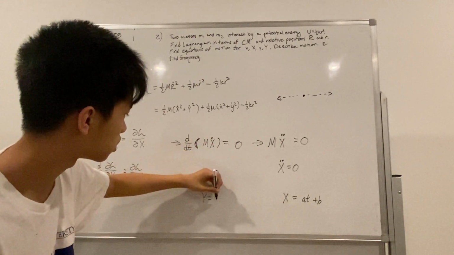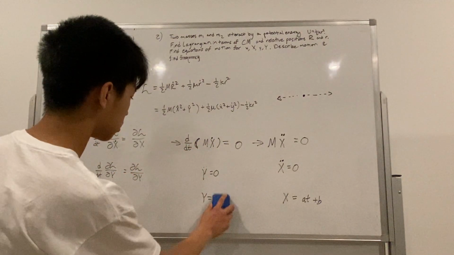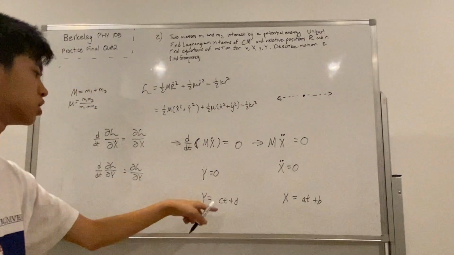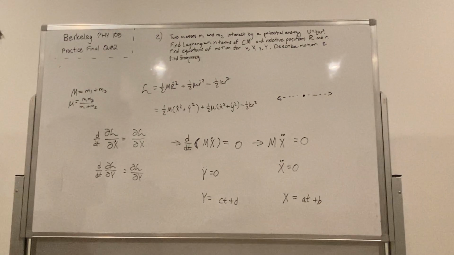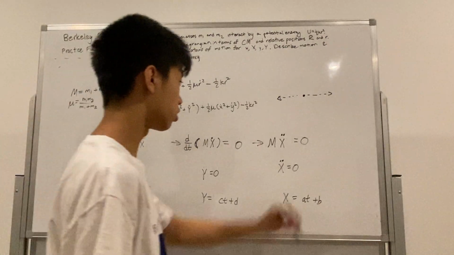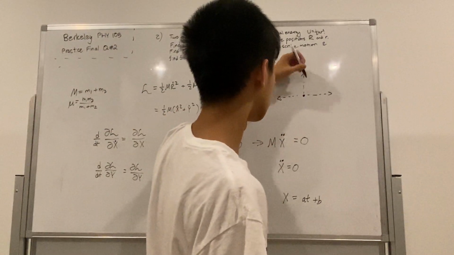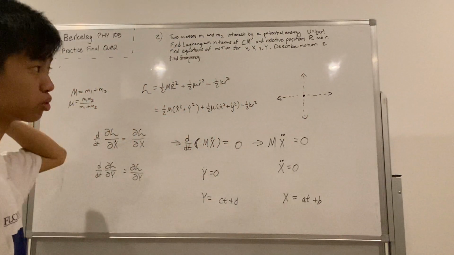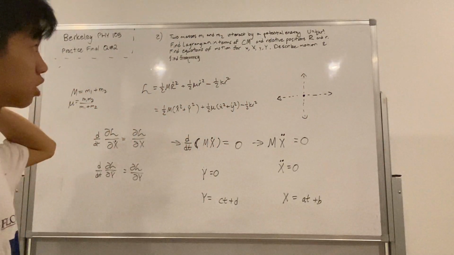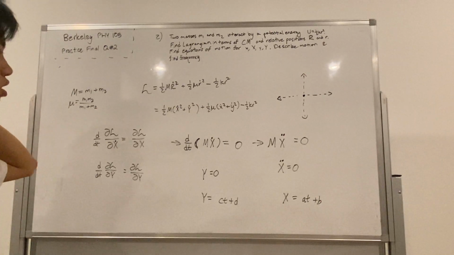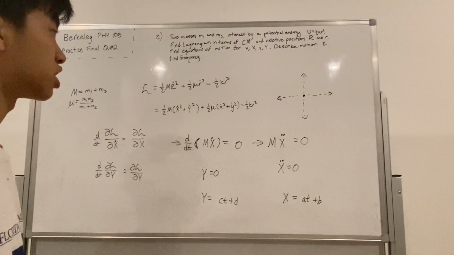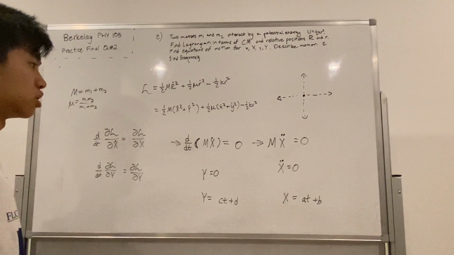So Y equals Ct plus D, where we know A, B, C, and D are all arbitrary constants. So we know that y is also moving at a constant speed. The y component of the center of mass is going to be moving at a constant speed in one direction.